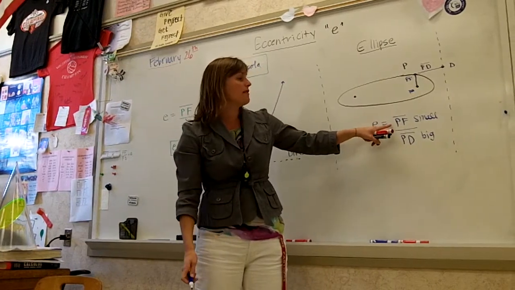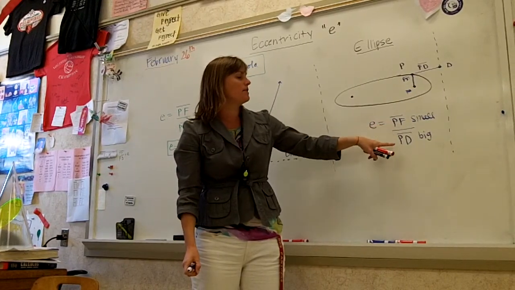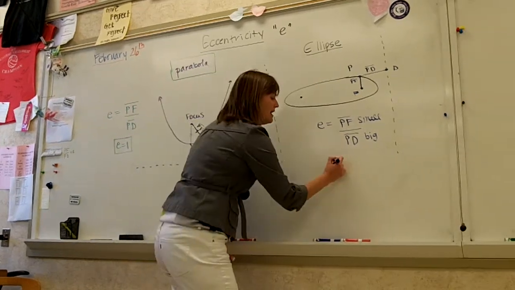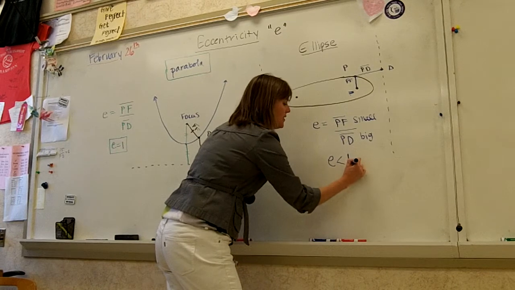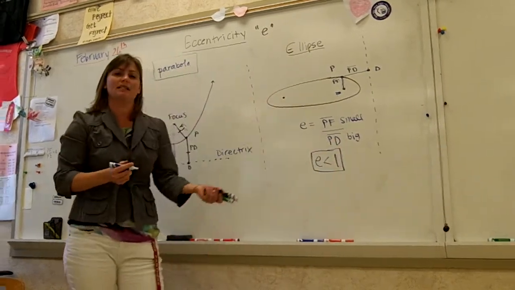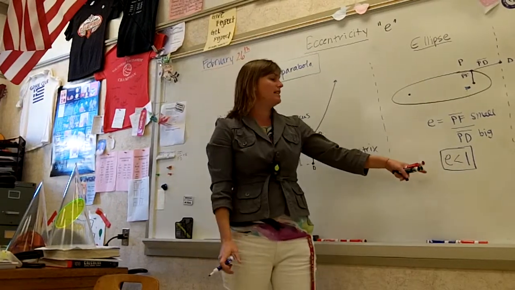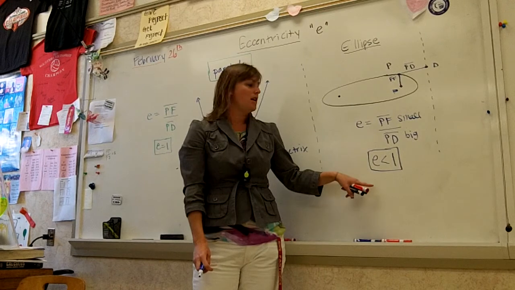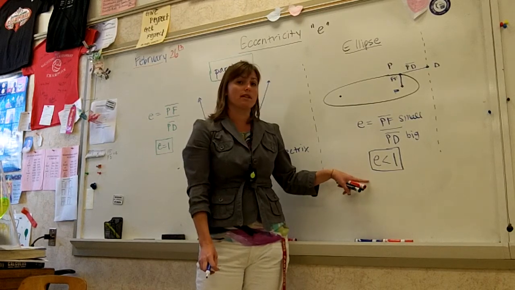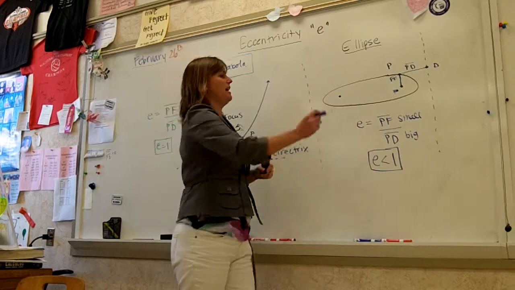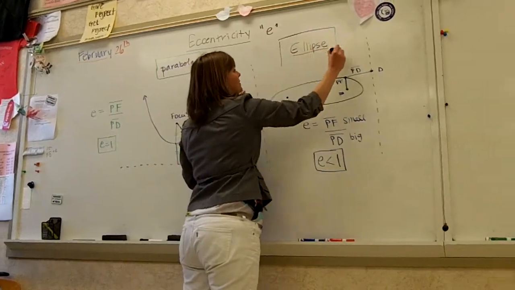So if I'm doing a fraction and I have some small number divided by some big number, I know that that is always going to be a number less than 1. So if I'm talking about an ellipse, I know that the eccentricity has to be less than 1. So if I say the eccentricity is 2/5, 0.5, 1/4, those eccentricities are all less than 1, therefore it has to be an ellipse.